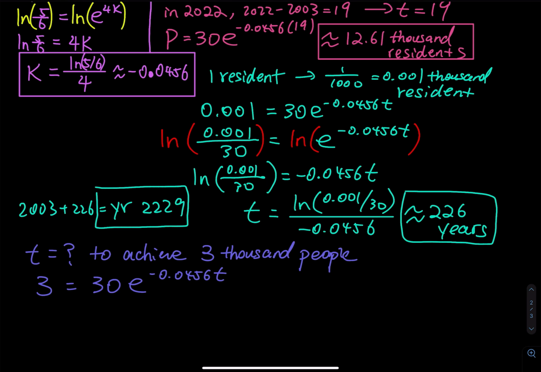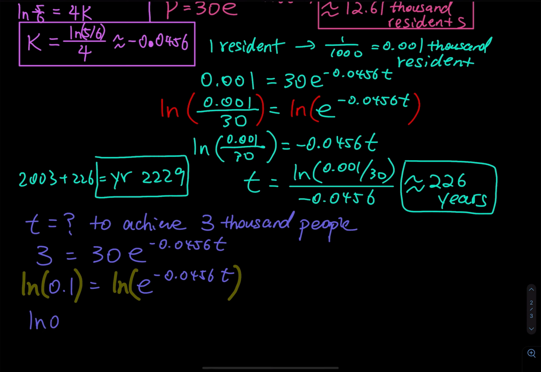So you divide both sides by 30, 0.1 equals e to the negative 0.0456t. Then you ln both sides to carry the exponent down.